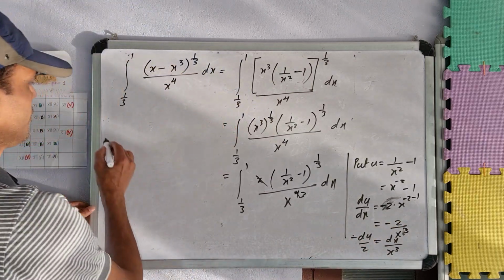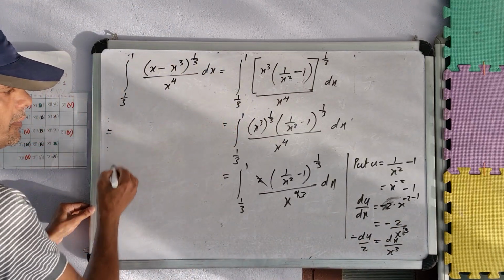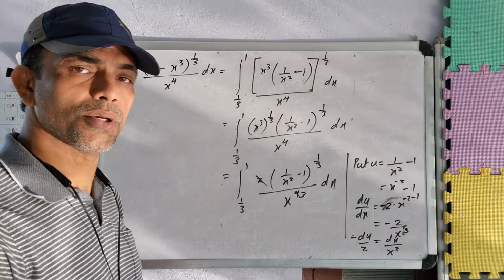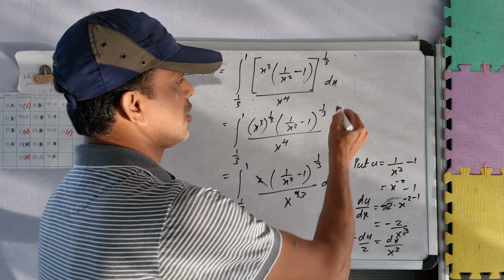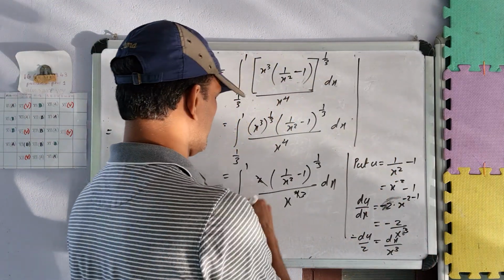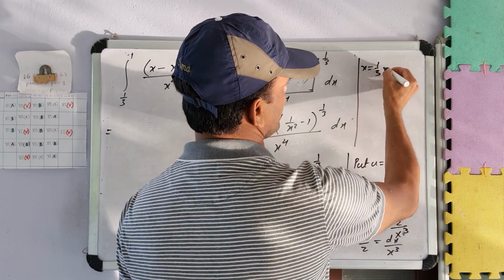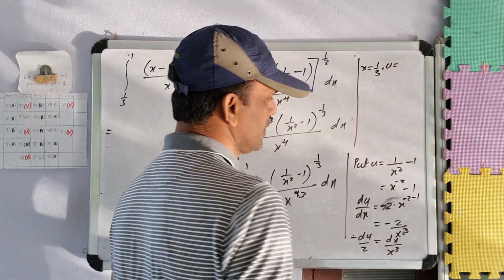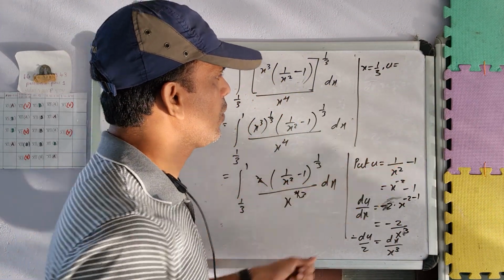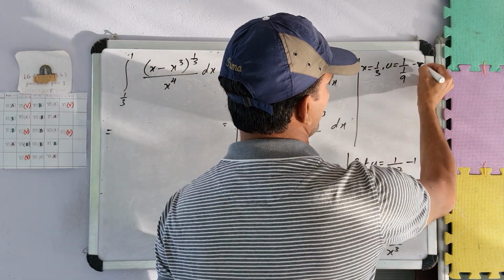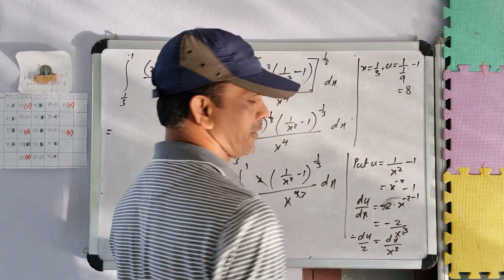So let's substitute. Now if you want, you can change the limit too. If you change the limit, I'll write it over here: when x equals 1 over 3, then u equals 1 over 1 by 9 minus 1 equals 8, I think, right?